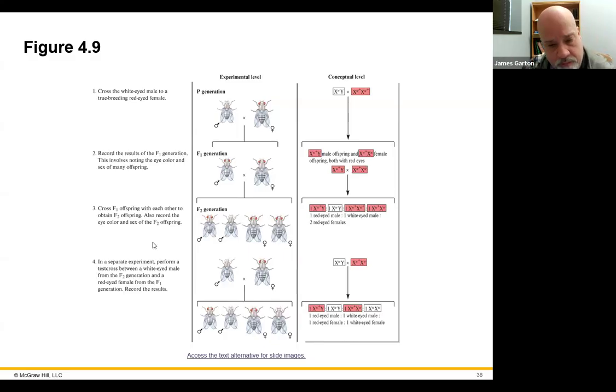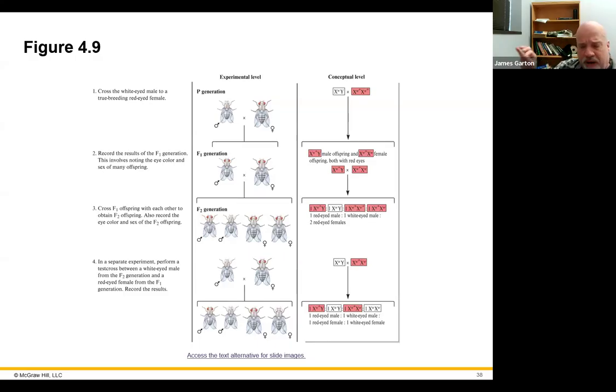But then he went a little further in his work. And he took those white-eyed males and he crossed them to a female from the F1 generation that had red eyes.